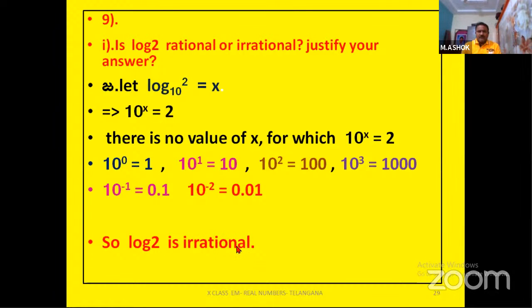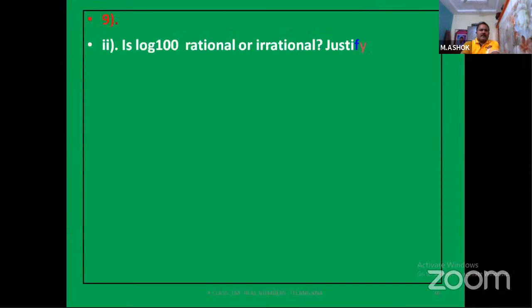Log 2 is irrational. Now, the final bit. Is log 100 rational or irrational? Justify your answer. Log 100: the base is not given, so it is the common logarithm.